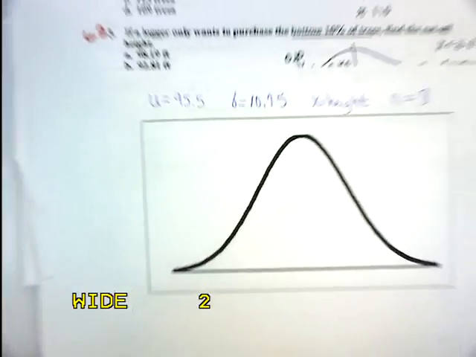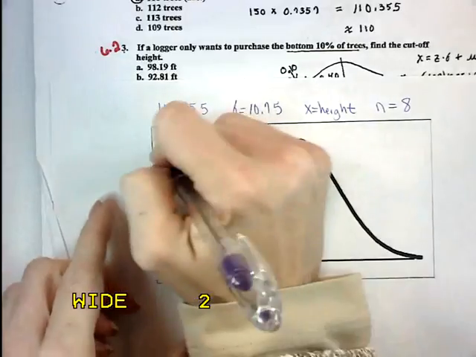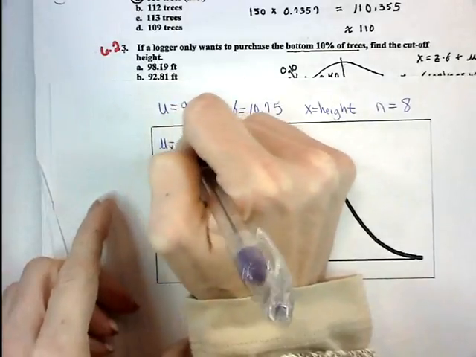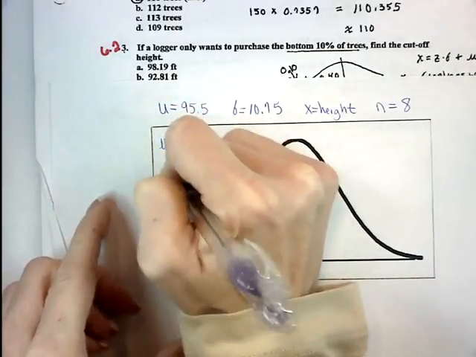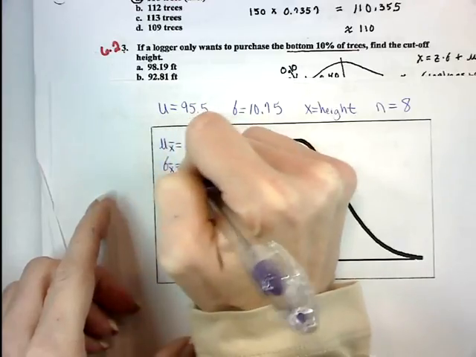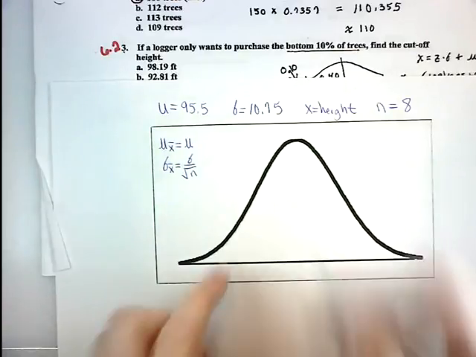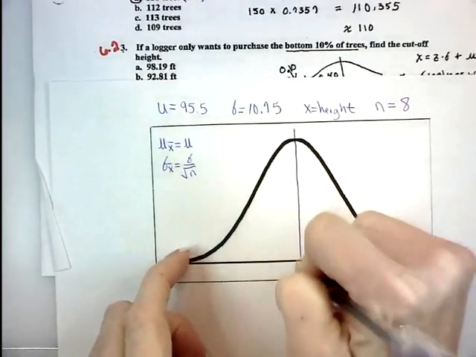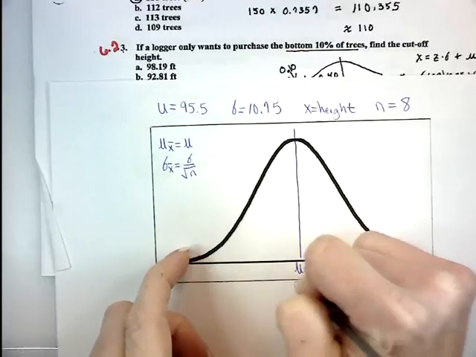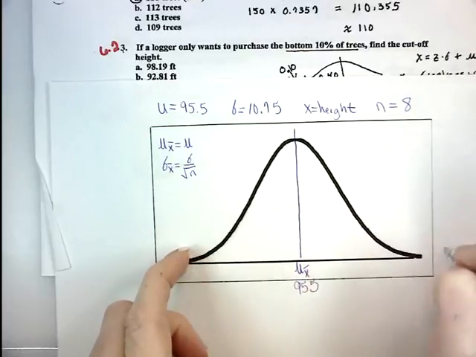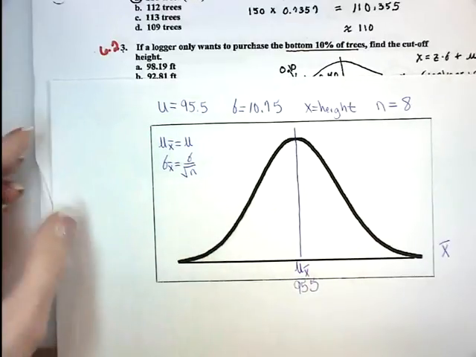So N is 8. Remember, the mean of sample means is the population mean, and the standard error of the mean is the population standard deviation divided by the square root of the sample size. So your mean of sample means is located at the center and is still 95.5, and now we have an x-bar axis.